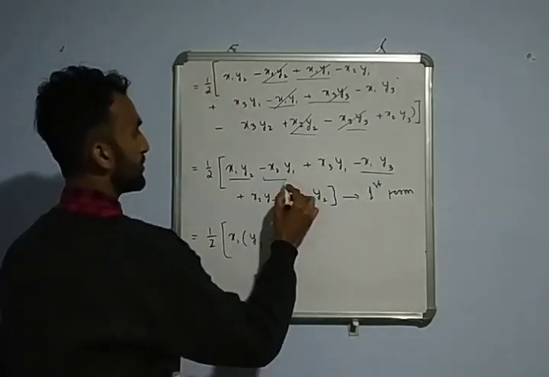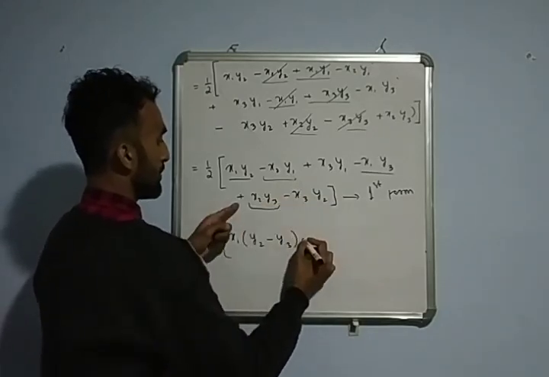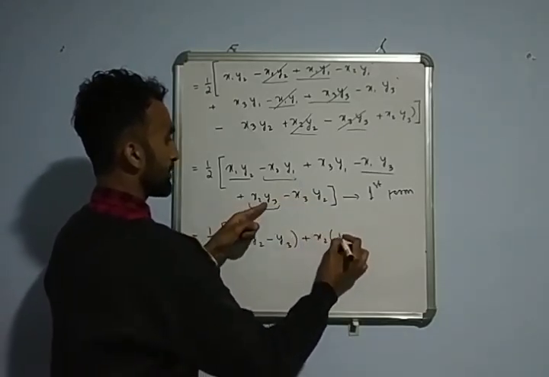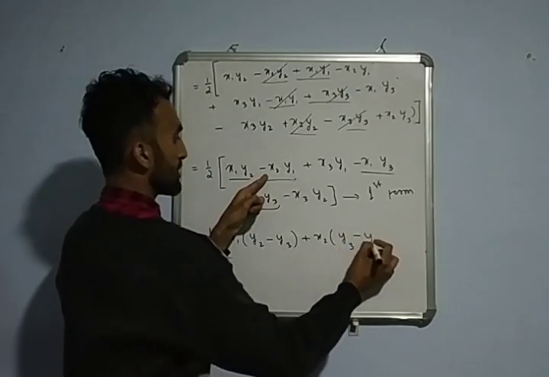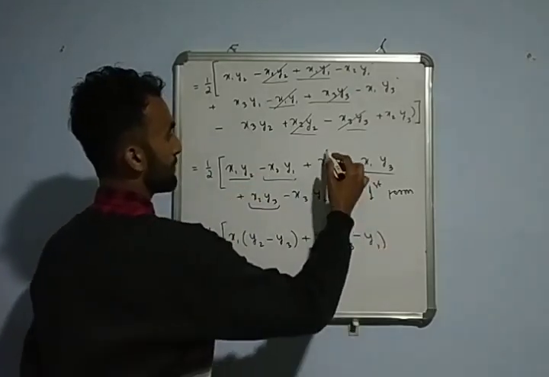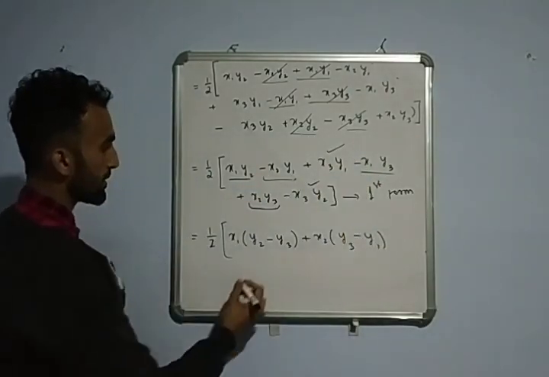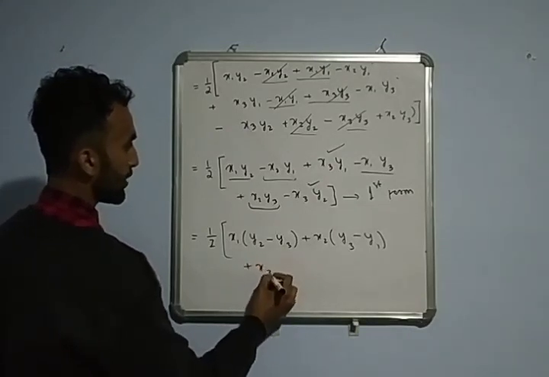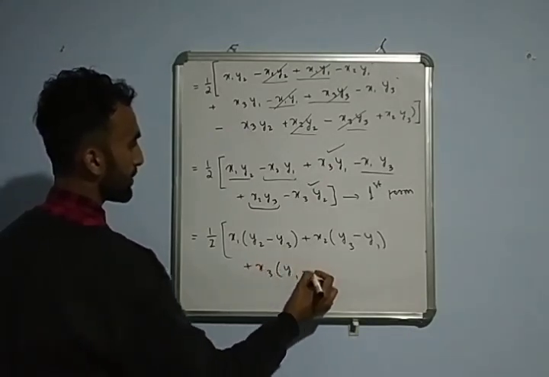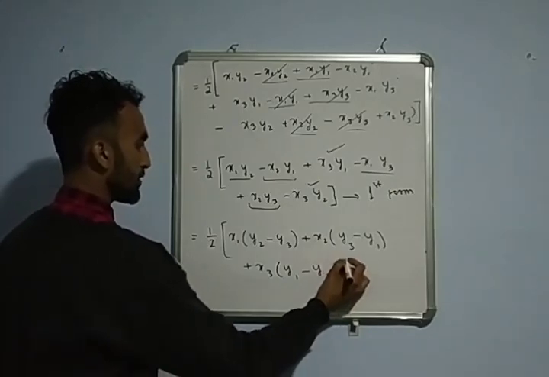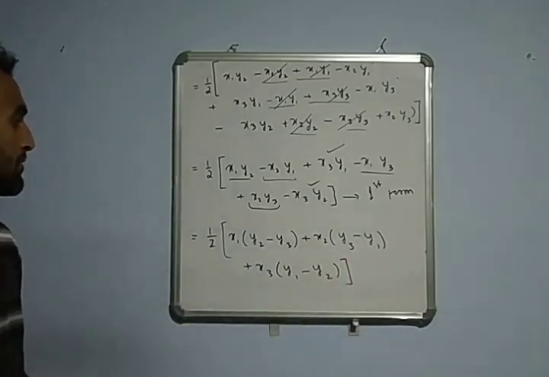Now from these two you take x2 common, what is left? y3 minus y1. And from these two take x3 common, what is left? y1 minus y2. So this is the area of the triangle.